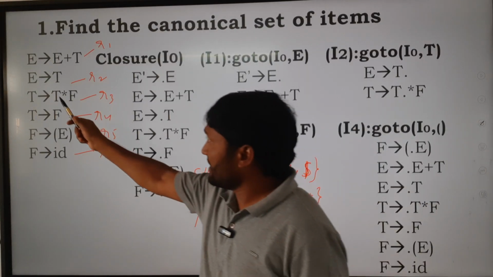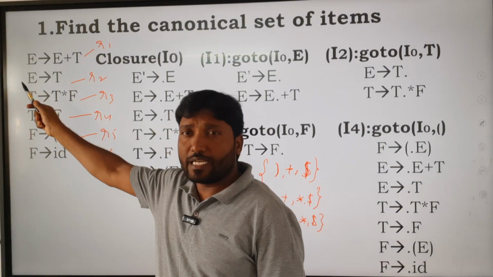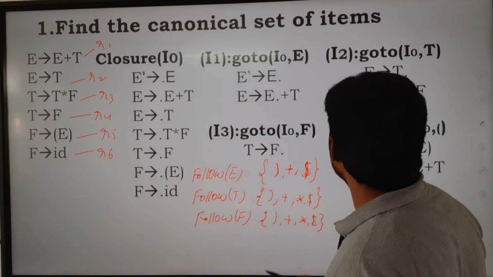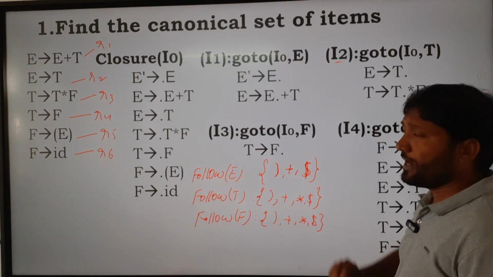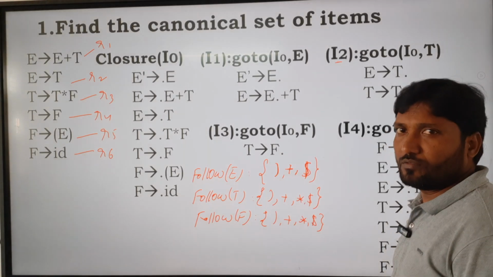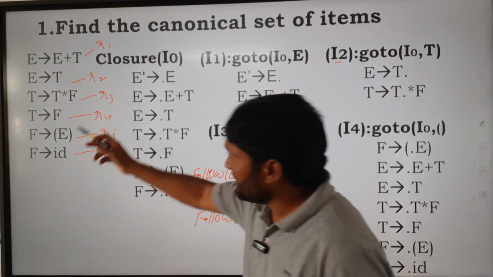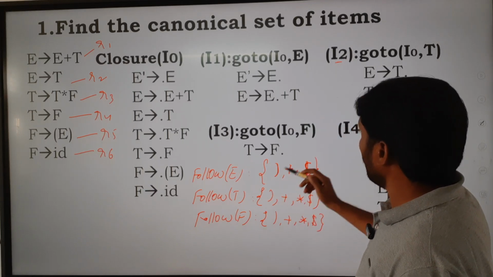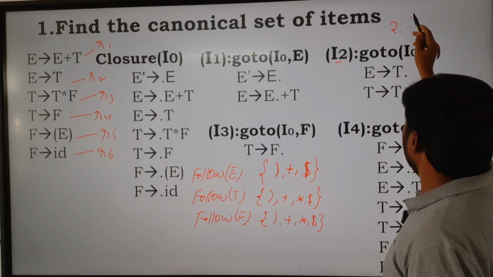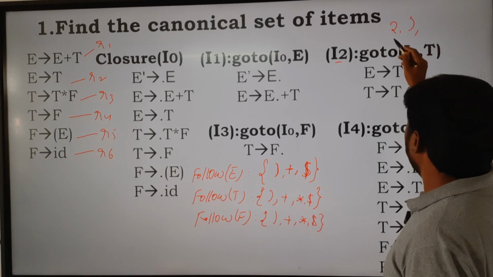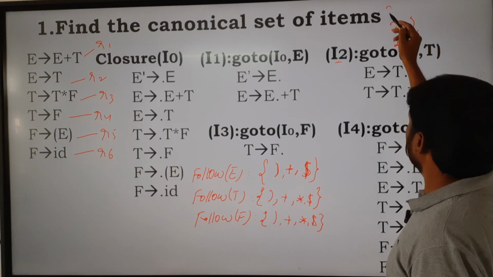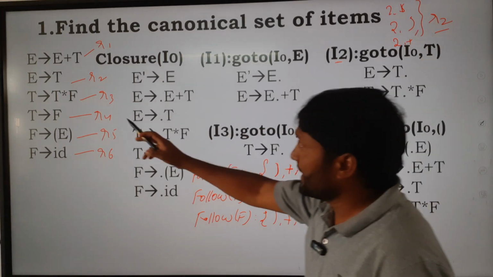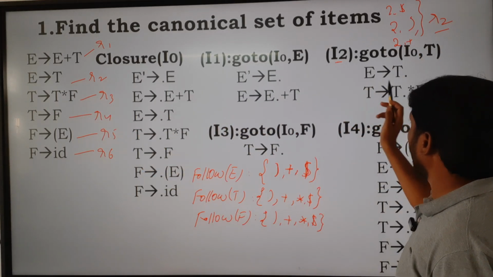Next is R2. Check where E derives T dot ends. It ends in I2. What is the follow of E? Close bracket, plus, and dollar. So 2 comma close bracket, 2 comma plus, and 2 comma dollar can be filled with R2, because E derives T dot ends in I2.